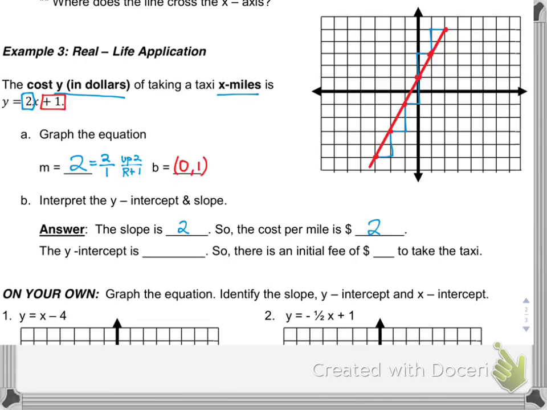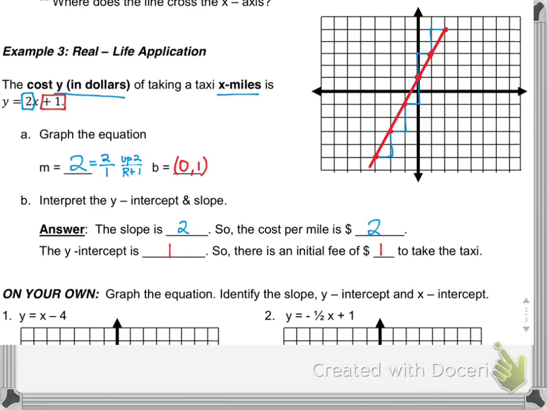So it costs $2 per mile for this taxi. The y-intercept is 1. So what that means is the moment you enter the taxi, you have to pay $1. Even though you didn't go anywhere, you just have to pay that $1. It's an initial fee. So that is our example 3 real life application.